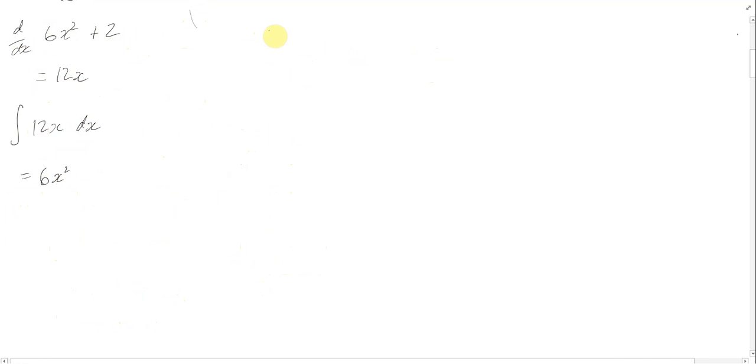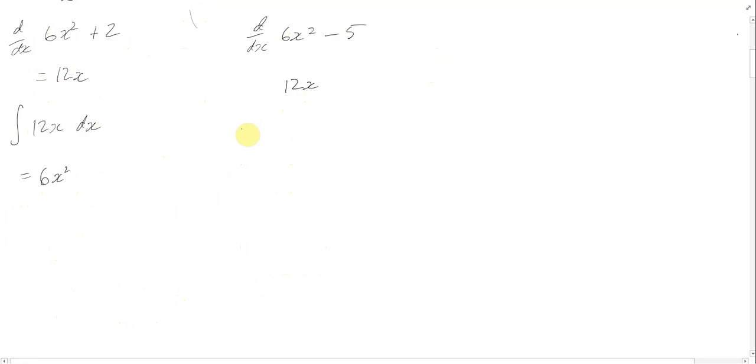Now here is a second example. If we want to do the derivative of 6x squared minus 5, let's give that one a shot. It will look like this. It will differentiate to get 12x, and the 5 disappears.